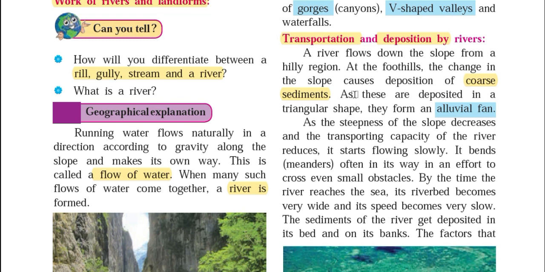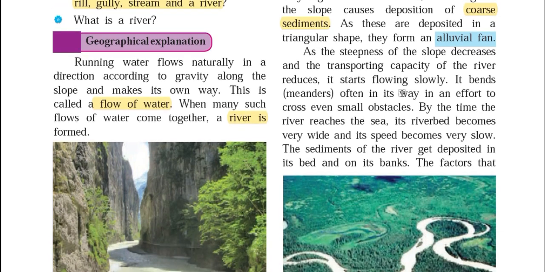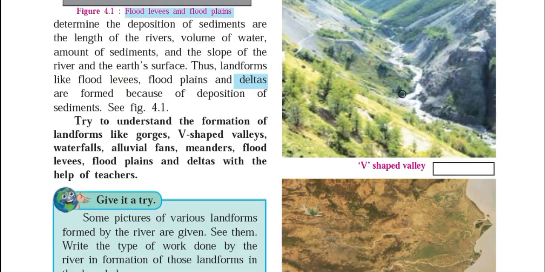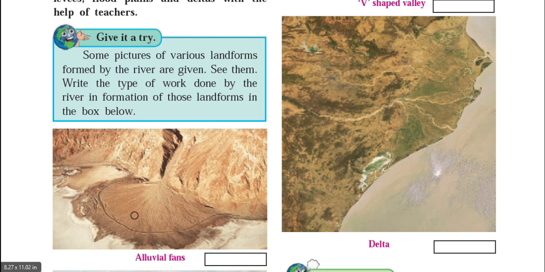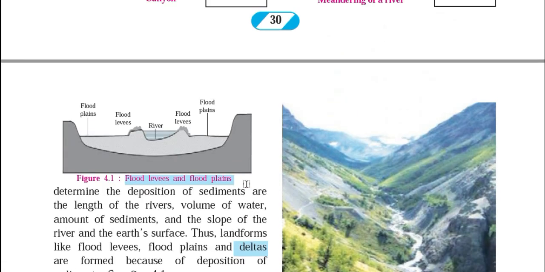So when a river comes from a mountainous or hilly region and enters the plain region near the foothills, the river deposits the sediment like this. Here you can observe the sediments. The river is coming from this mountainous region and here it is depositing the coarse sediment, the pebbles and big boulders.